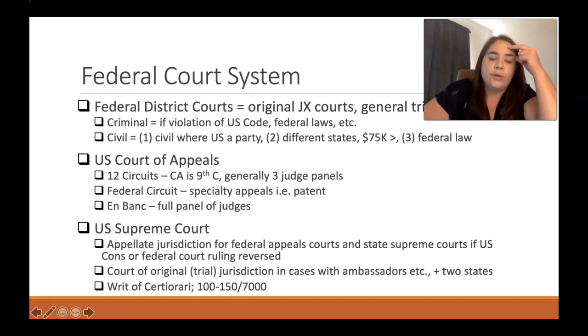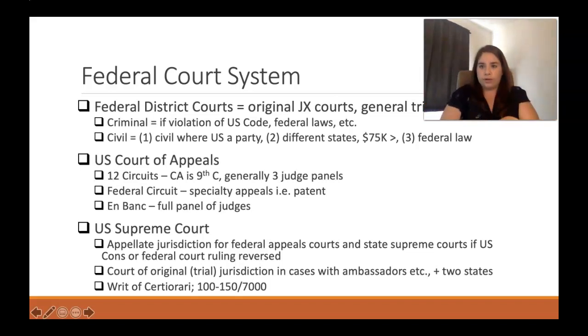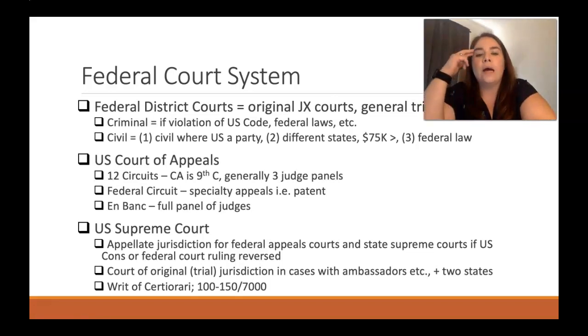Now, our U.S. Court of Appeals, so the district courts are down here. U.S. Courts of Appeals are the next set up. We have 12 circuits. California is in the 9th. They are typically the appellate courts governed by 3 judge panels. But, for example, the 9th Circuit is enormous. I mean, it includes us, it includes Alaska, Hawaii, Washington, Oregon, Idaho, Nevada.